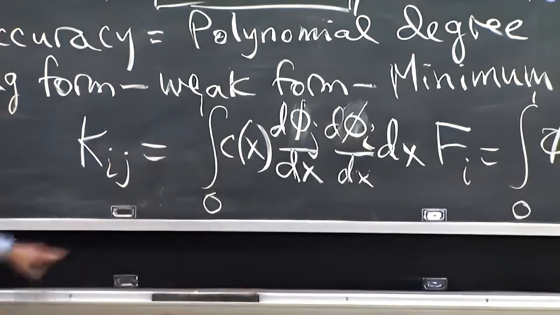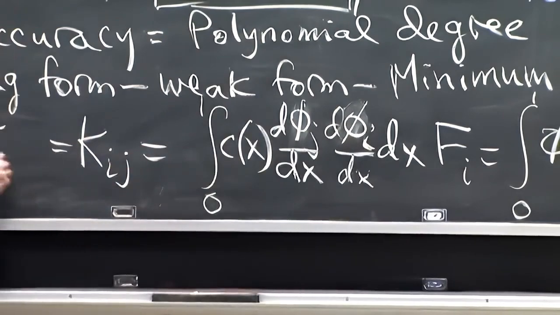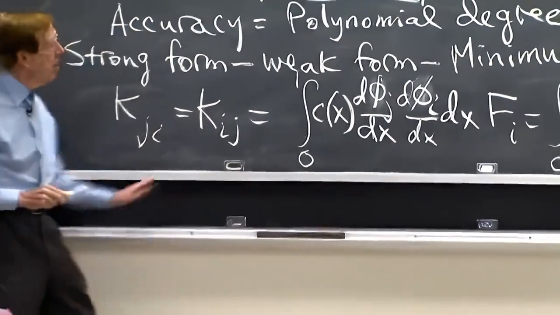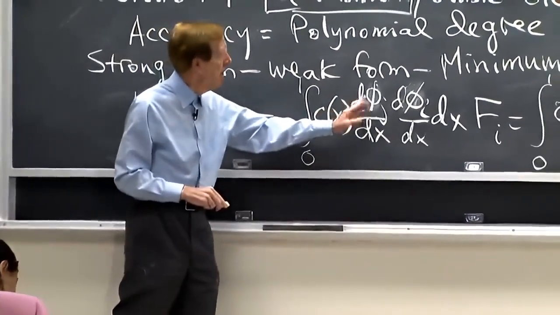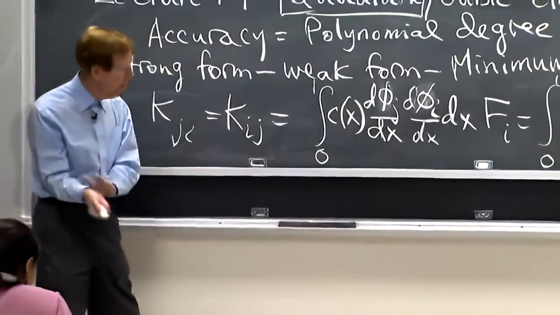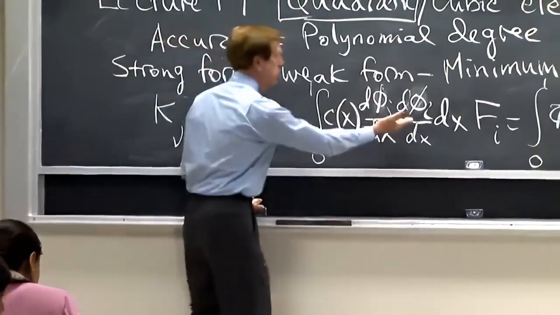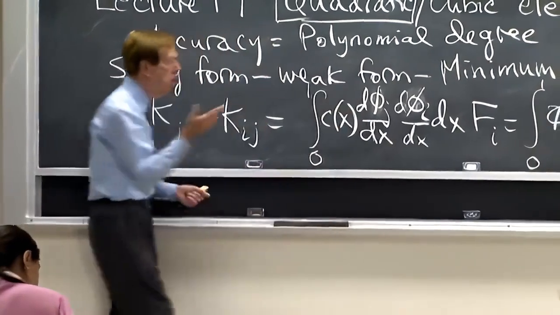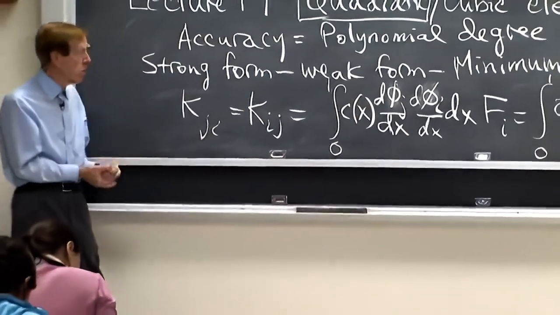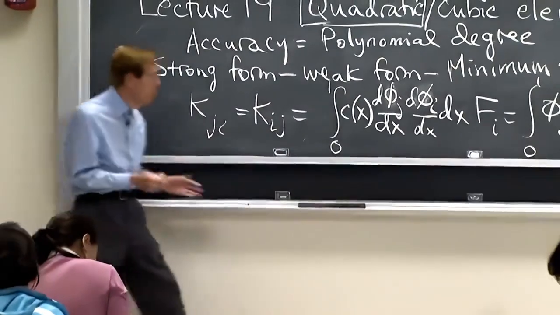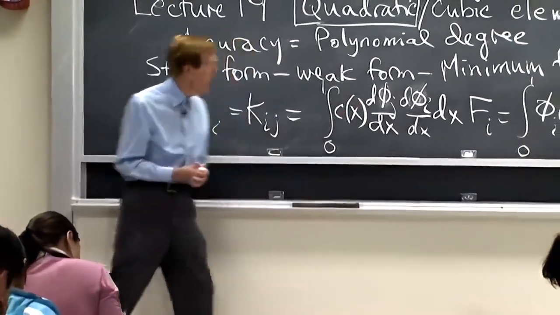So it's a symmetric matrix now, K_ji, because when I'm choosing phis the same as the v's, this is what it looks like, and if I switch j and i I don't see any difference. So these are the things that have to be integrated.